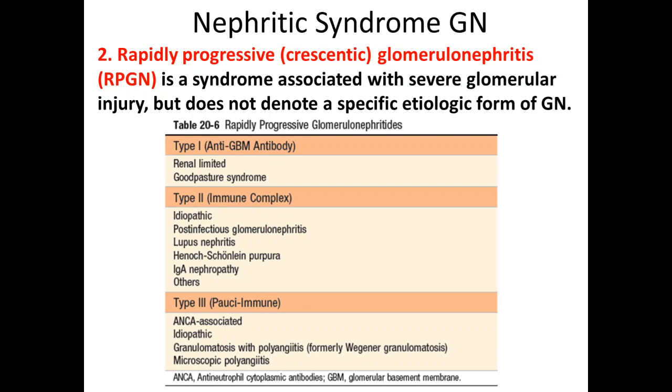And finally, type 3 is always associated with the pauci-immune form and develops in idiopathic cases, with granulomatosis with polyangiitis and with microscopic polyangiitis too.